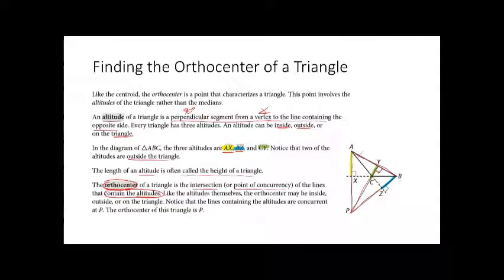So again, the big thing, the common mistake here is the difference between medians and altitudes. Medians, we care about the midpoint. Okay, so there's a median. Altitudes, we don't care about the midpoint.